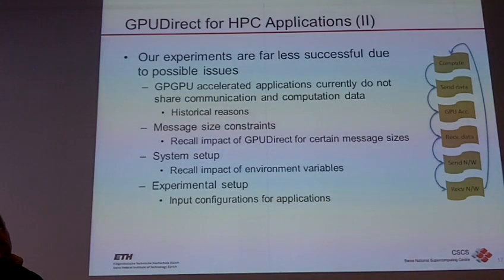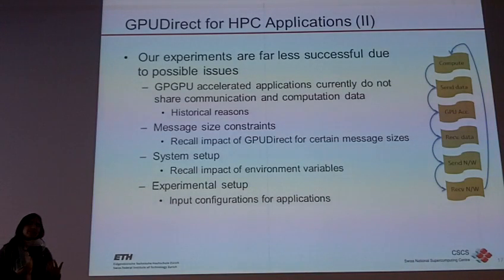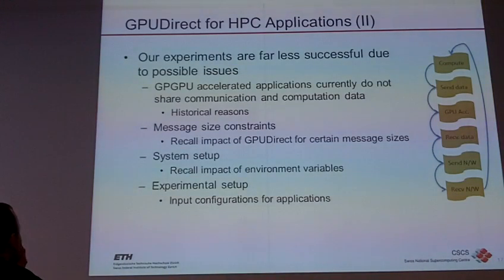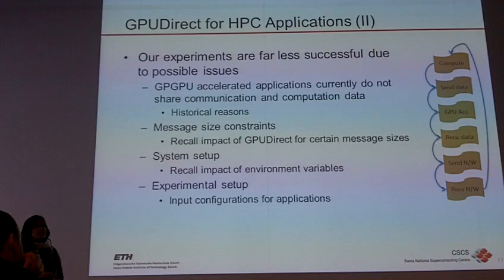There is no one reason, and there could be one or more of these reasons. The first thing, which I think was identified a little earlier as well, is that the way applications have been accelerated until now is by looking at the GPU as an accelerator. At design time, a code developer or algorithm designer makes a conscious effort: I'm going to compute something, and if that compute is selected to be accelerated by GPU, I will send some data explicitly to the GPU, accelerate that part, and receive data.